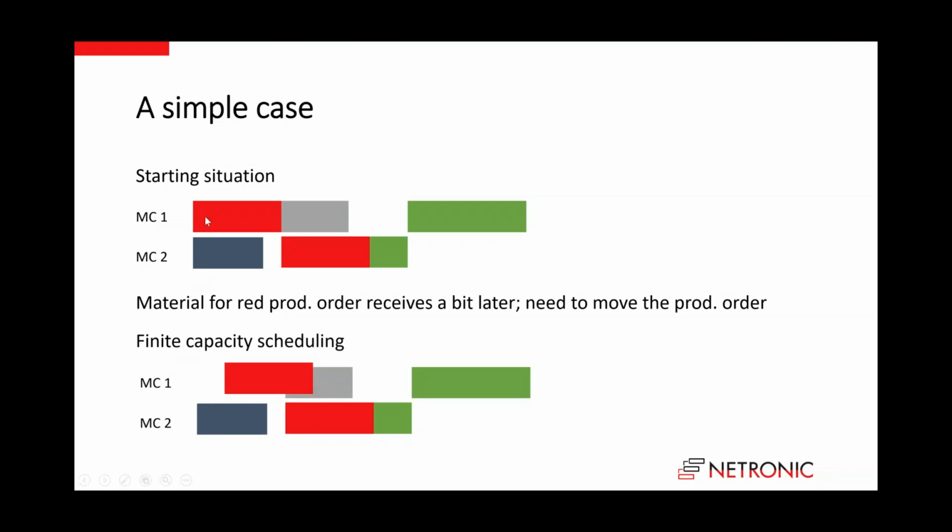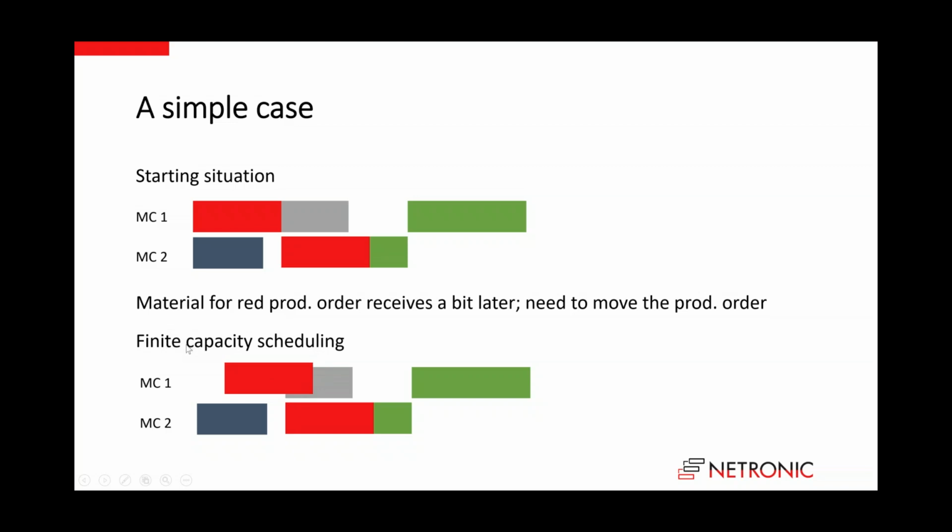So if I take this and drop it, dragging it from here to start later, then what happens in the first step is that the end date of this is now after the start date of this. And this cannot be when you schedule with finite capacity.